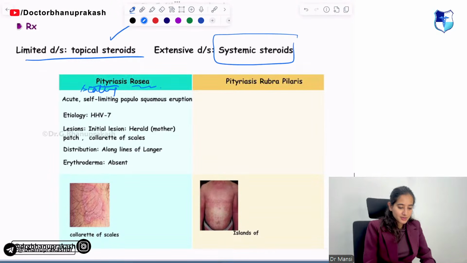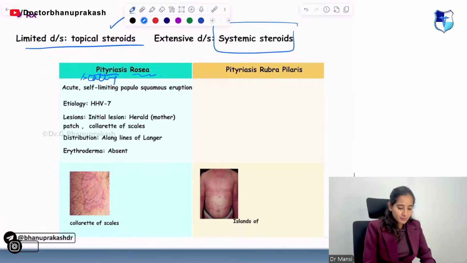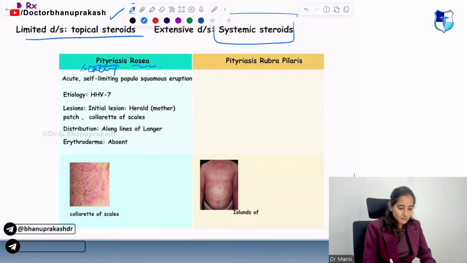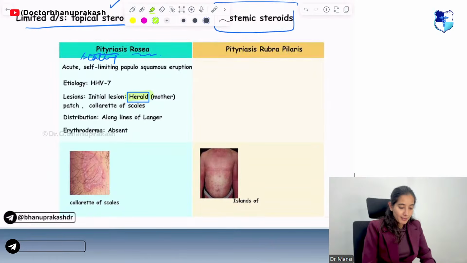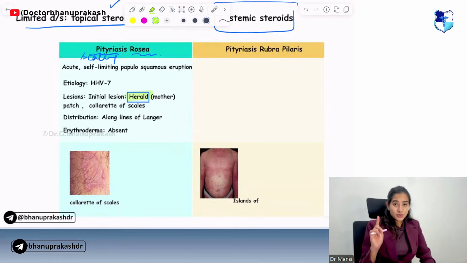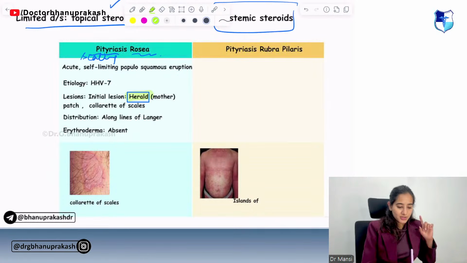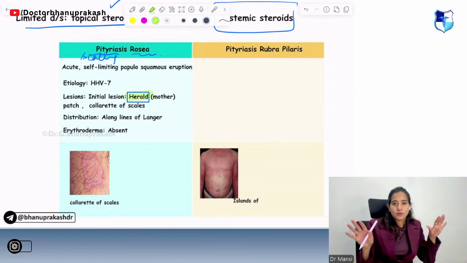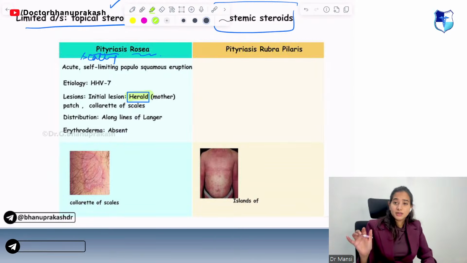Okay, I would like you to remember it like a story. There is a herald patch. You have to remember in Pityriasis rosea. Focus on the words which I'm telling. Herald patch, which is a mother's patch. So this one single patch comes first, and then it is followed by other lesions.